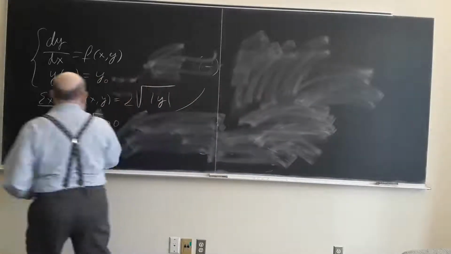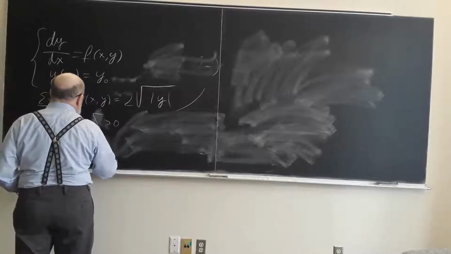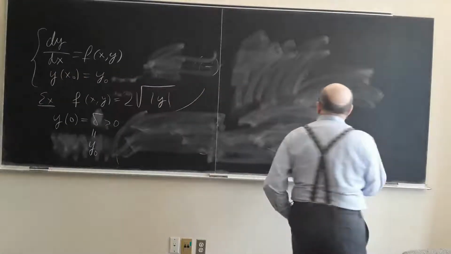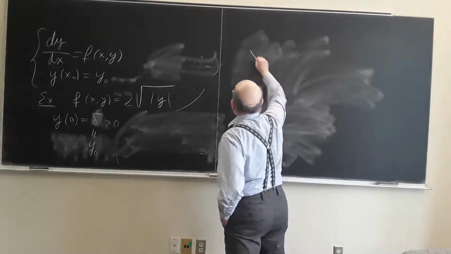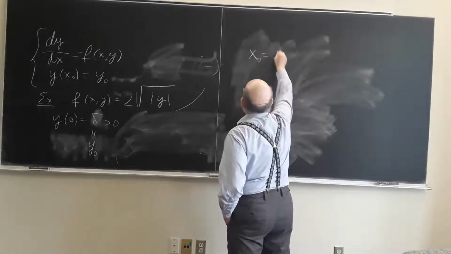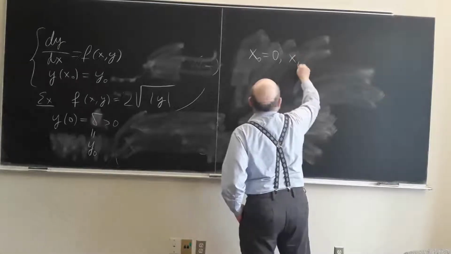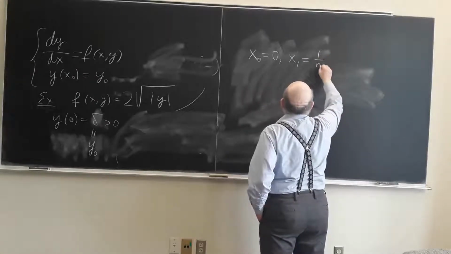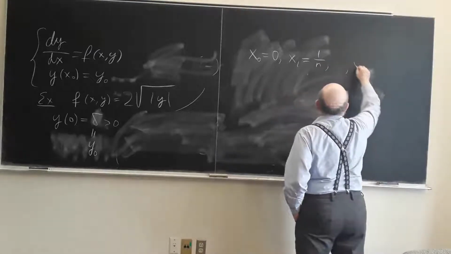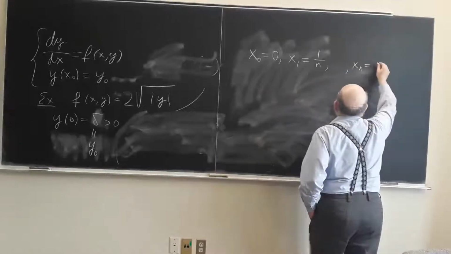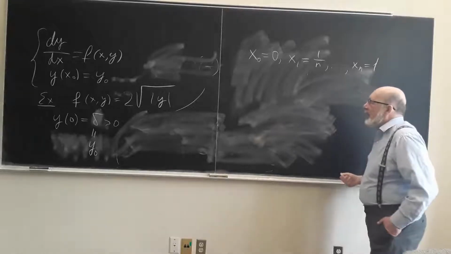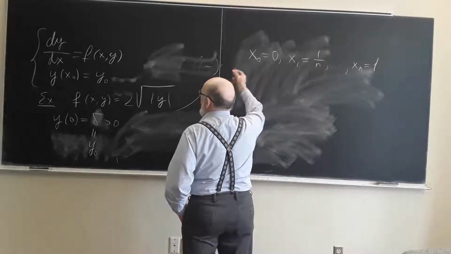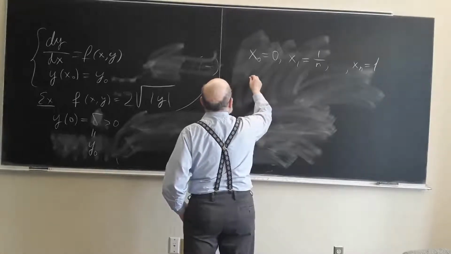So delta equals y0. We chose the points x0 equals 0, x1 equals, say, 1 divided by n, xn equals 1, yes, and we constructed the approximate solution by the following formula.